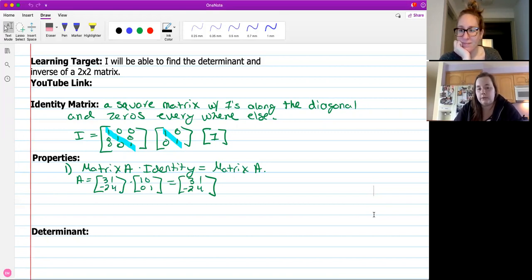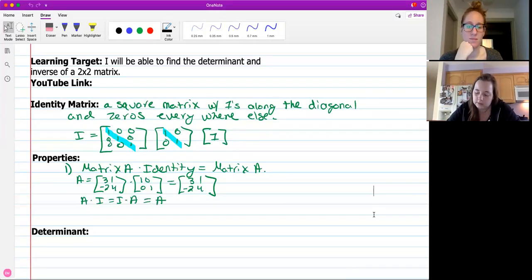If you want to prove it for yourself, you can go back and practice your matrix multiplication. We can also write the shorthand: A times I equals I times A, and that equals A.